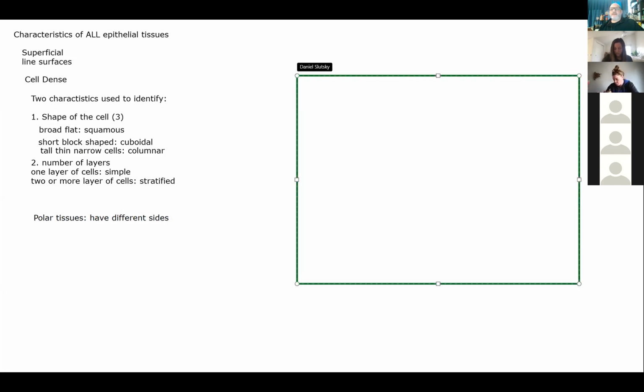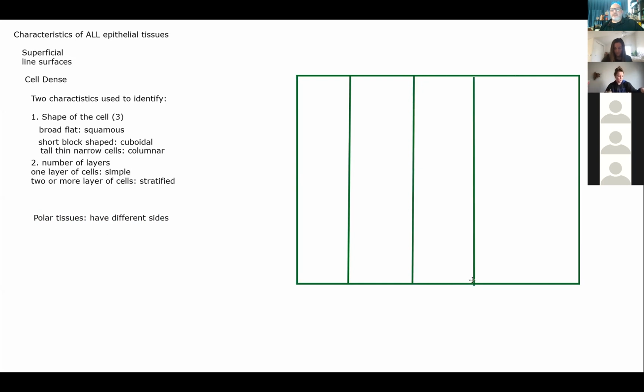All right. Here I have an epithelial tissue, and even though we already did this one, I'll do it again. Single layer of tall, narrow cells. What type of tissue is this? Columnar. Simple columnar, excellent.